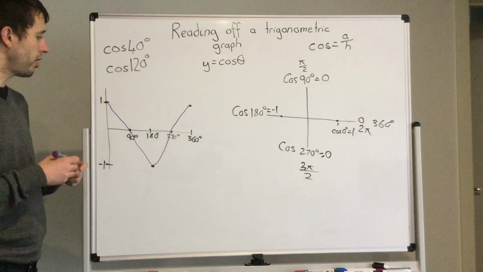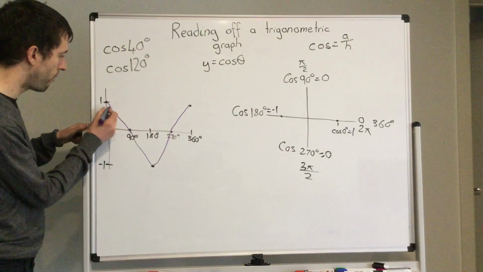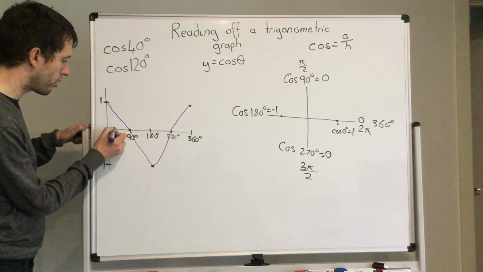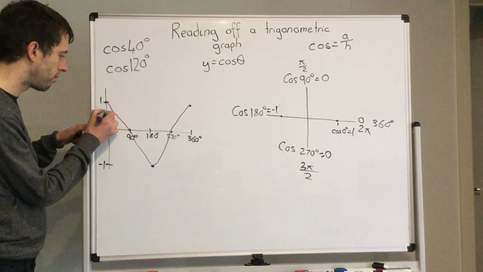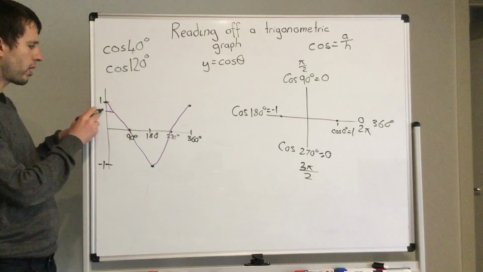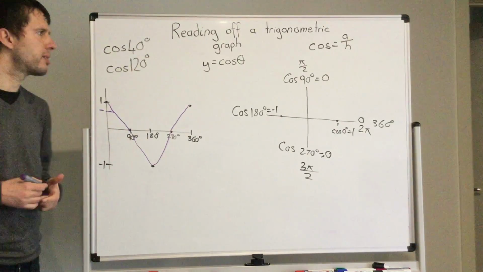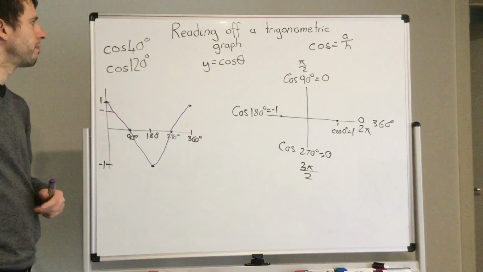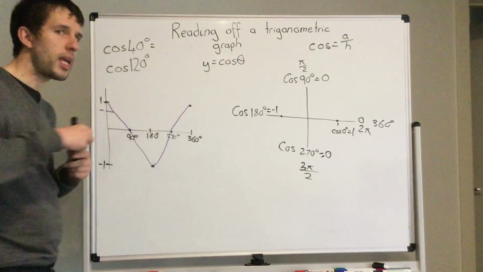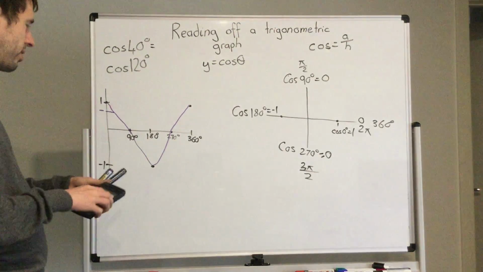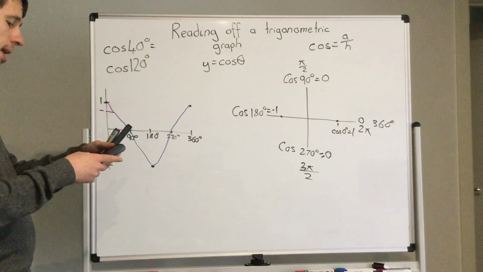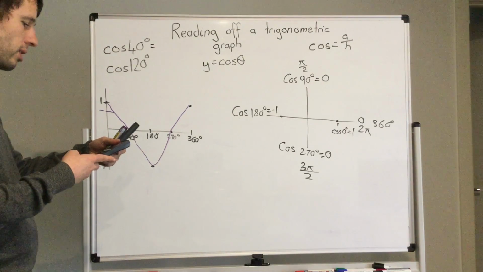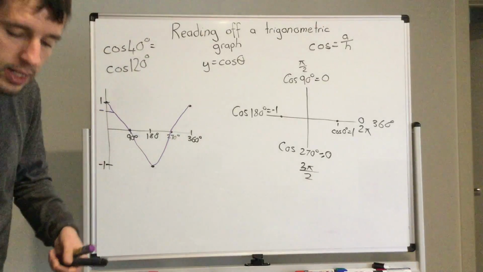So if I look at cosine 40 degrees, if 90 degrees is here, 40 degrees is about here. So we're looking roughly about 0.6, 0.7. Then we'll get a calculator out and put cosine 40 degrees, 0.76.